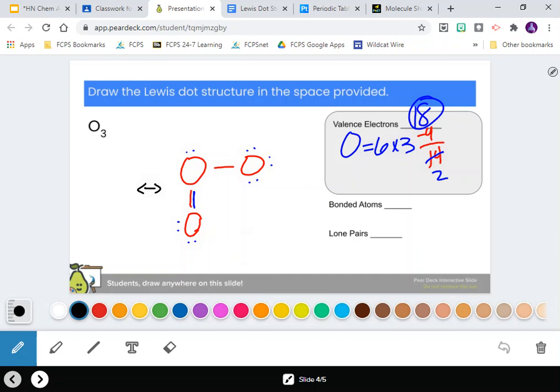We have to draw in both structures, showing the double bond on the other O as well, because remember, it's sort of a hybrid between the two. So I'm going to draw it like this. Oops, I forgot my other O. I'm going to make the double bond on this one this time.